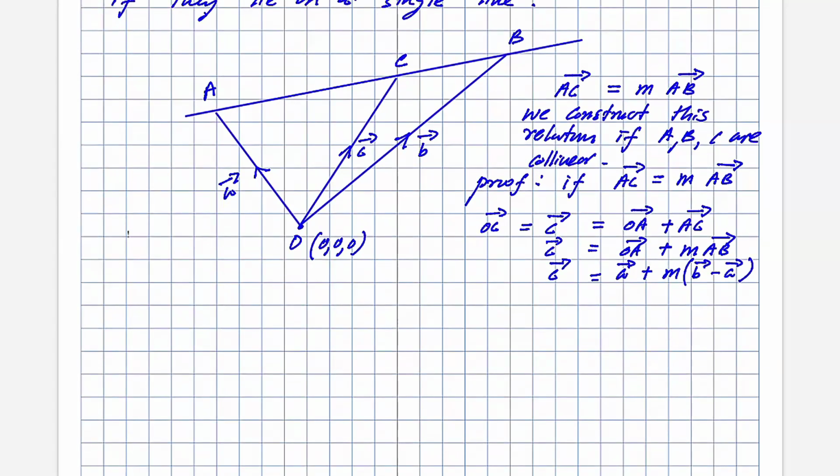Right? So now you can group A terms here. So it's going to be (1 minus M)A plus M of B is equal to C vector.